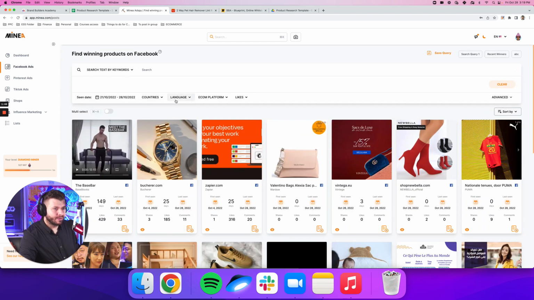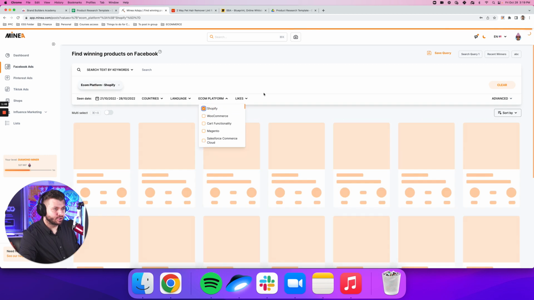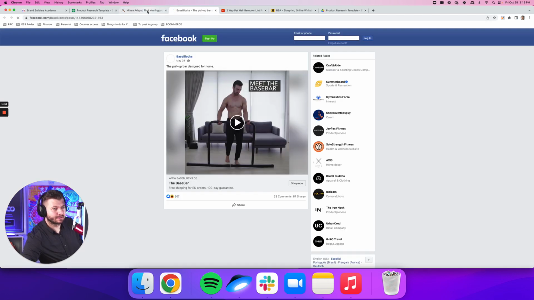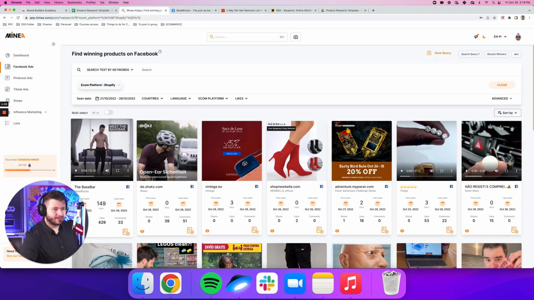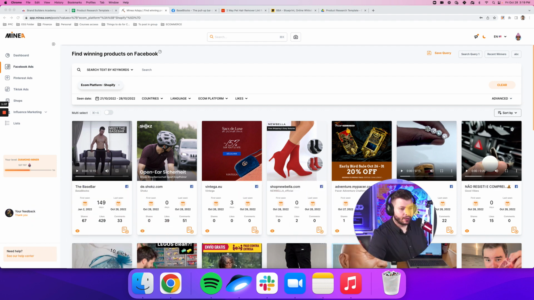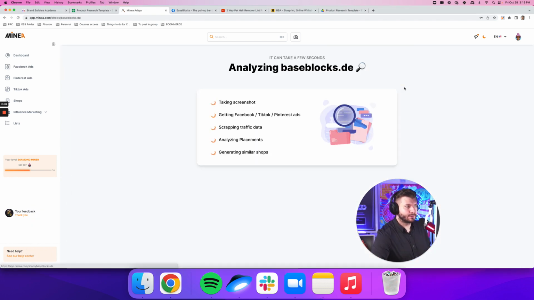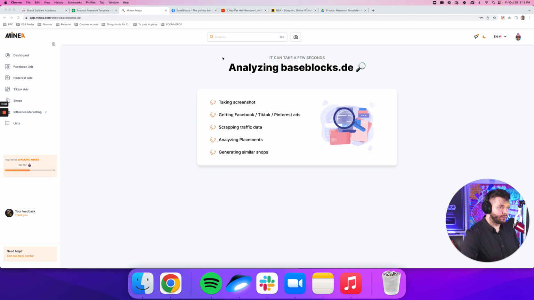You can see here, if we filter by, let's say, Shopify, all of these would be e-commerce ads, and this is one of the ads here. But also if we go into the page specifically, we'll be able to see shop analysis, right? We'll be able to see the analysis of all of the ads from the tool.